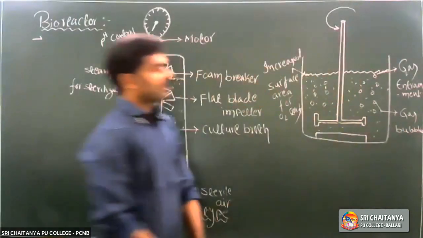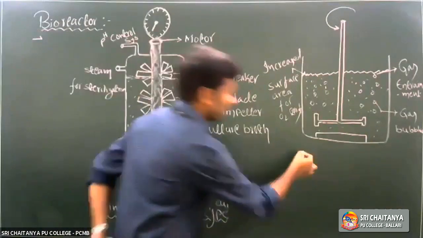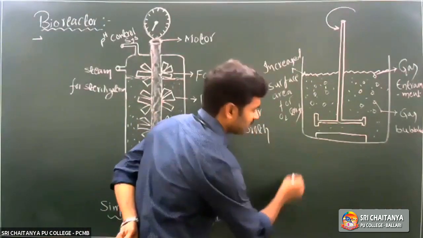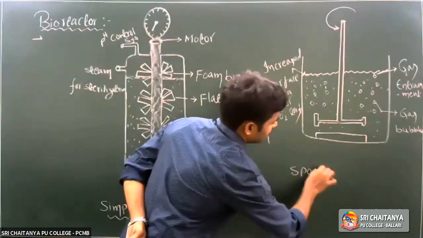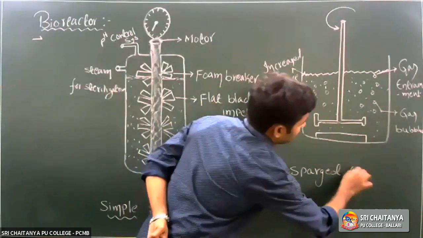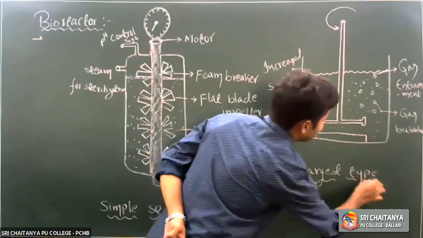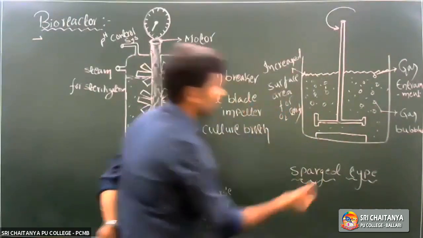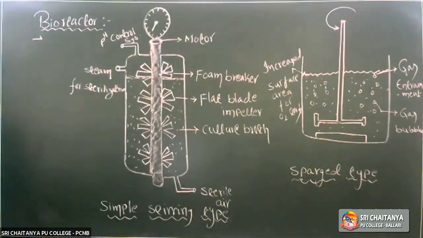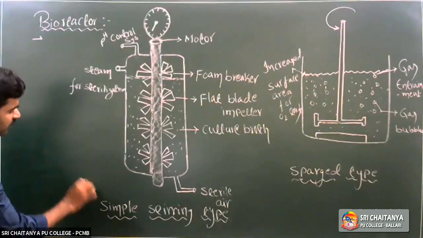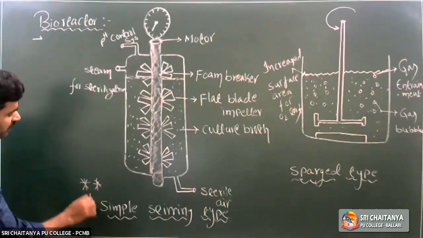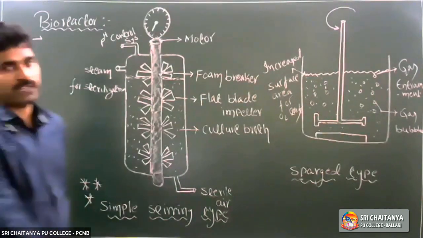And what type of bioreactor is it? The second type of bioreactor, the sparged type of bioreactor. The most commonly used bioreactor in rDNA technology is the simple stirring type of bioreactor compared to the sparged type of bioreactor.